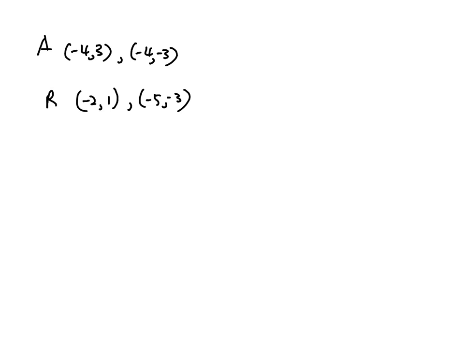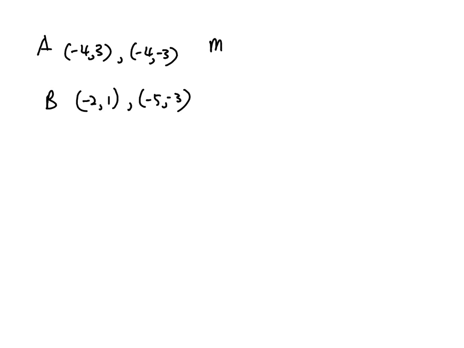All right, part B. A line goes through (-4, 3) and (-4, -3). And the other line goes through (-2, 1) and (-5, -3). Looks like this one is the one we need to do a little bit of work on. So let's figure this out.